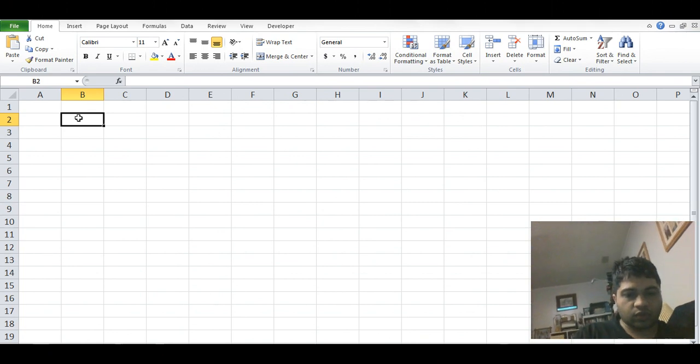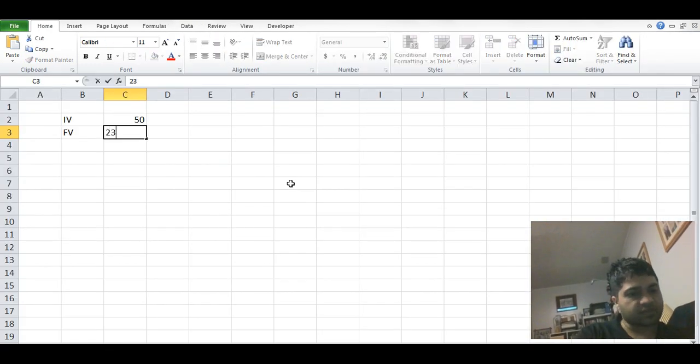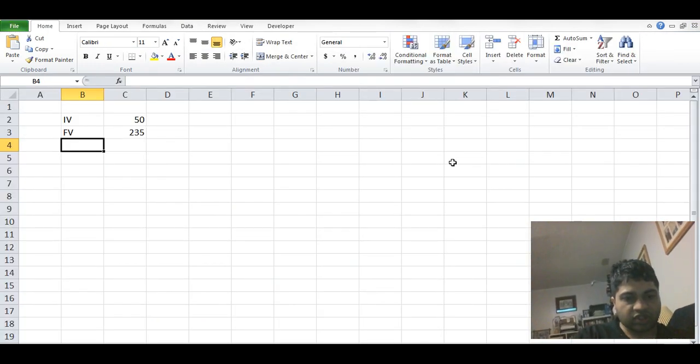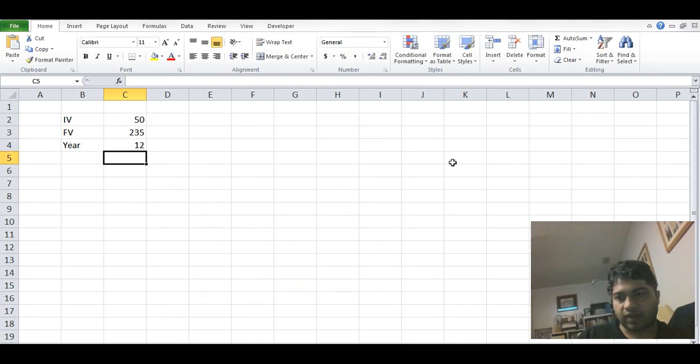So what is the invested value? You had made an investment at $50 per share. And what is the final value? Final value is $235 per share, right? Another detail they have given: the period is 2005 and 2017. So the number of years is 2017 minus 2005, that is 12 years.